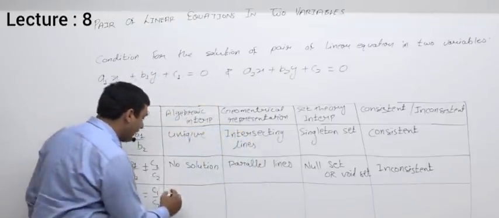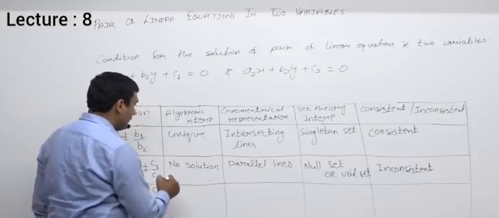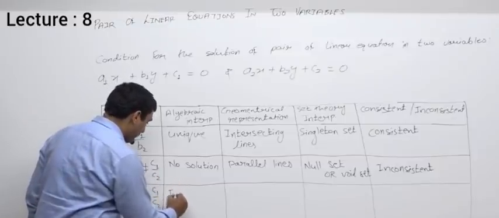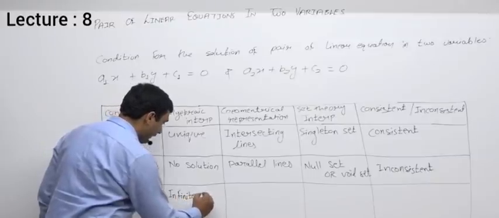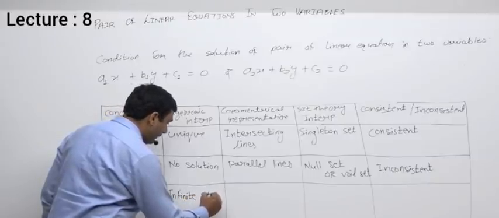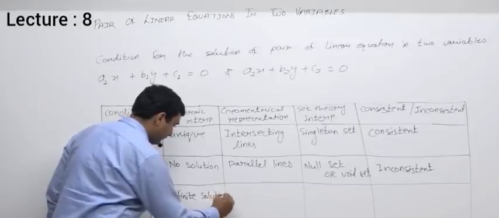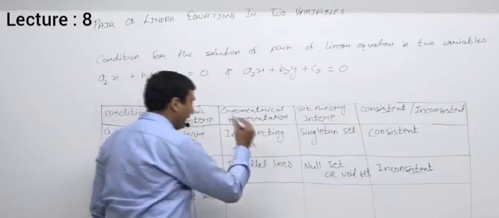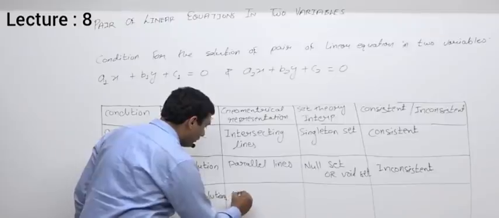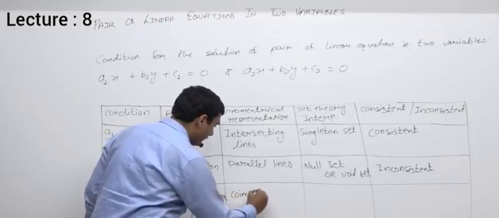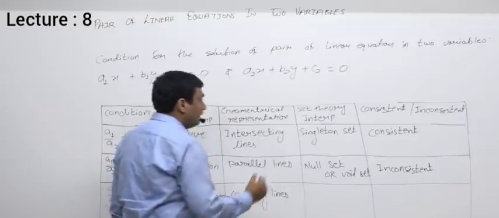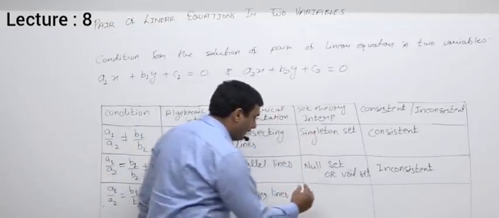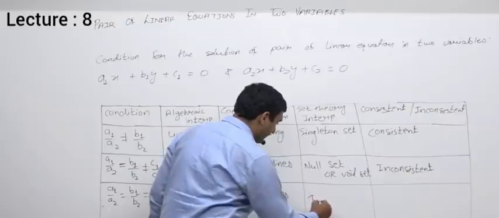As the lines will be the same, we'll get infinite solutions, or many solutions. In terms of geometry, we'll get coinciding lines. In terms of set theory, we'll get an infinite set.